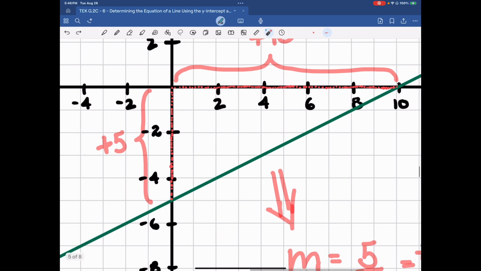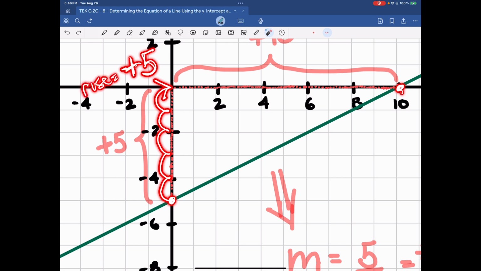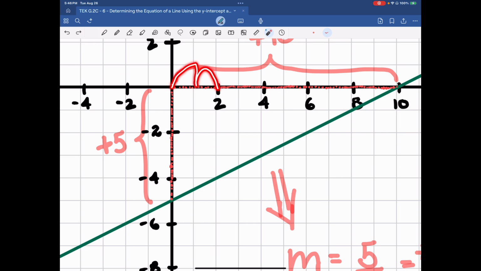So how am I going to get from this point to this point? Well, I'm going to go up 1, 2, 3, 4, 5. So my rise is a positive 5. My run is going to be 1, 2, 3, 4, 5, 6, 7, 8, 9, 10.